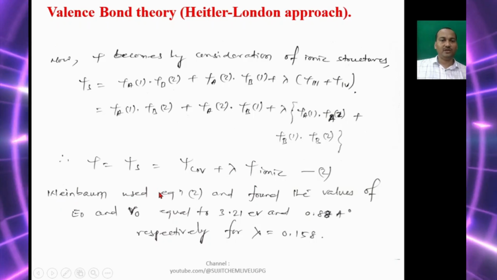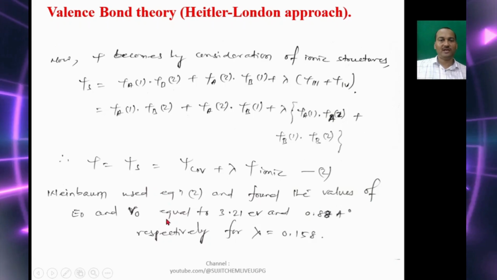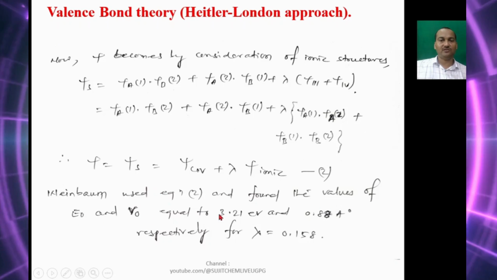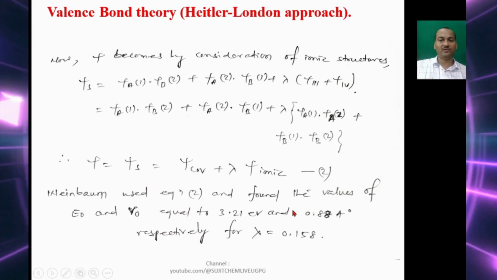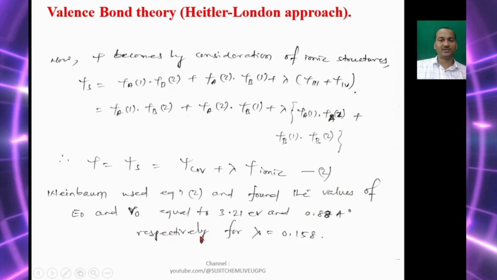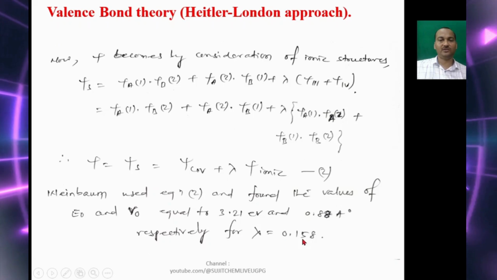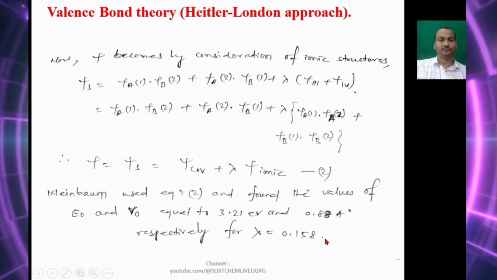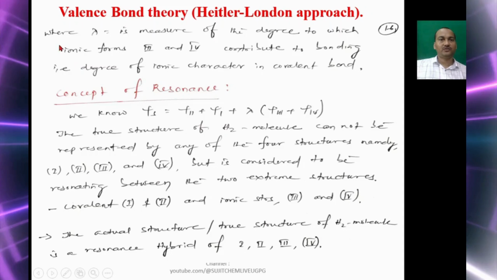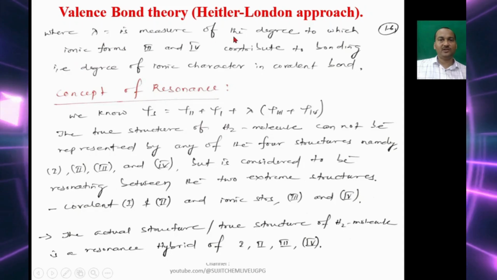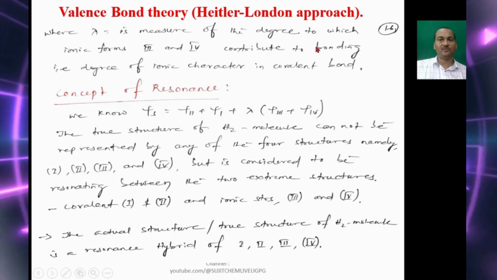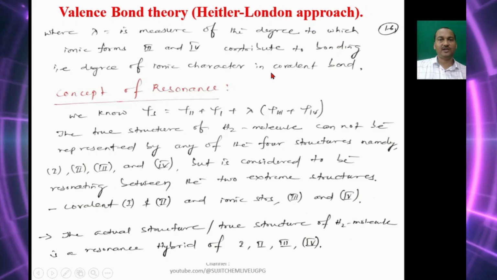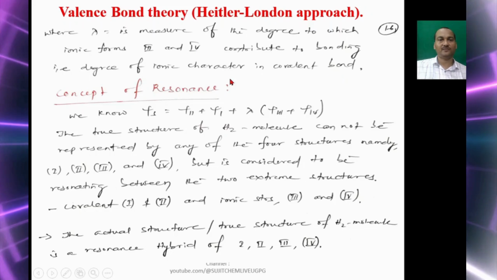Baum used equation number 2 and found the values of E0 and R0 equal to 3.21 electron volt and 0.88 angstrom respectively for lambda equal to 0.158. Here lambda is the measure of the degree to which the ionic forms 3 and 4 contribute to bonding, that is, the degree of ionic character in the covalent bond.